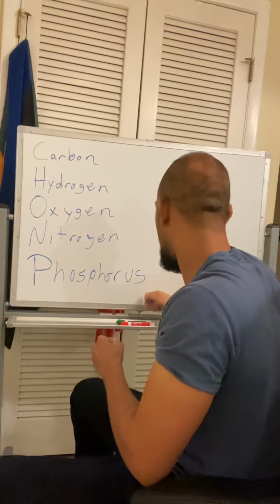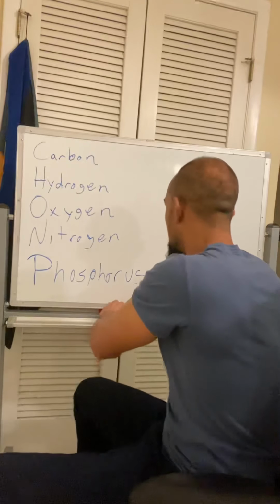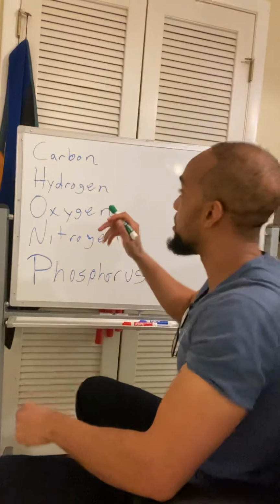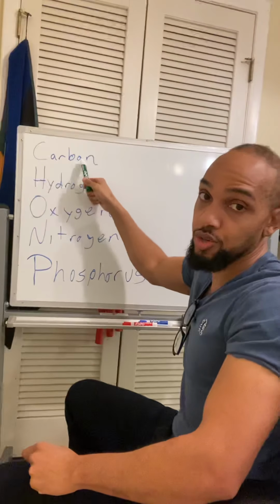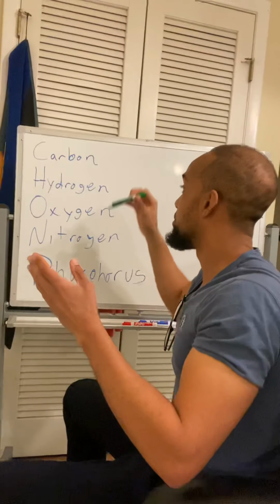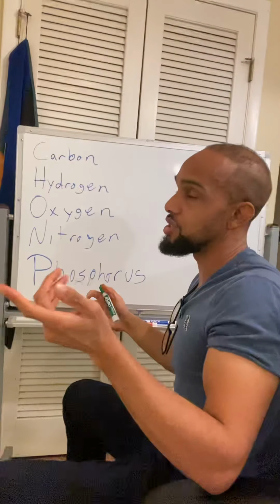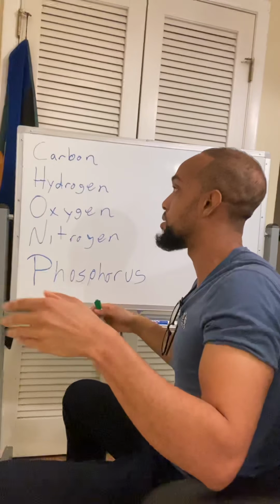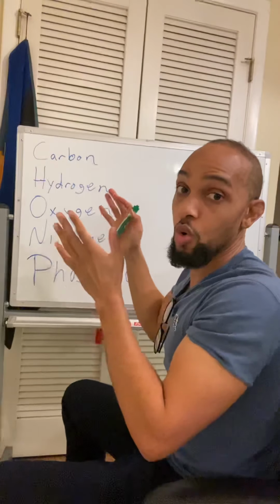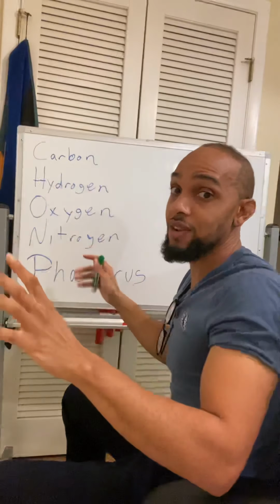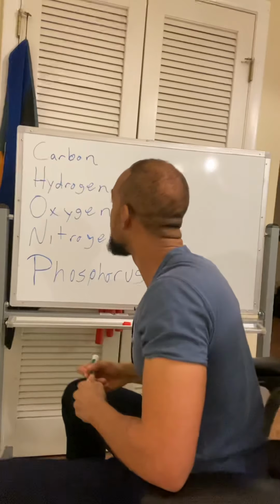Now, I'm gonna grab a different color here. As I stated in my last video, we are carbon-based creatures. Well, creatures is a very harsh sounding word. We are carbon-based organisms. Everything that's living on this planet is carbon-based.